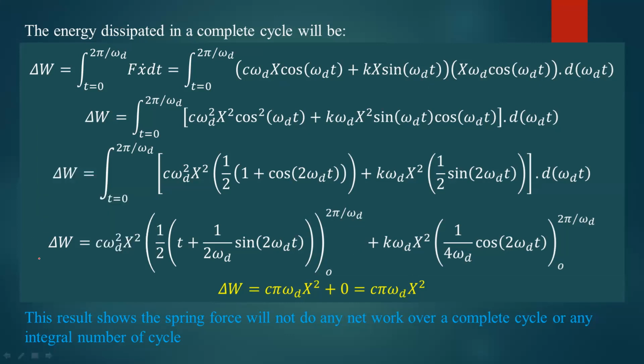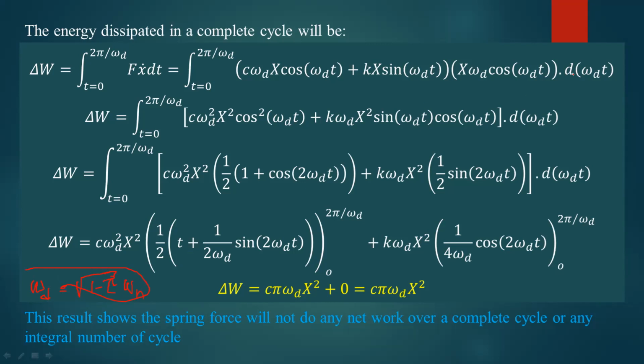It is related to the natural frequency by the relation omega_d equals radical of 1 minus zeta squared, where zeta is the damping ratio, times omega_n. It is not only zeta, but zeta squared.